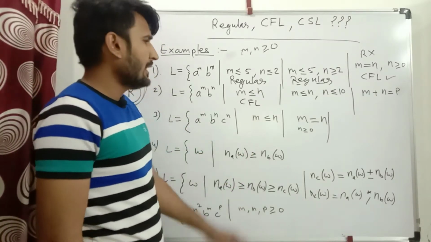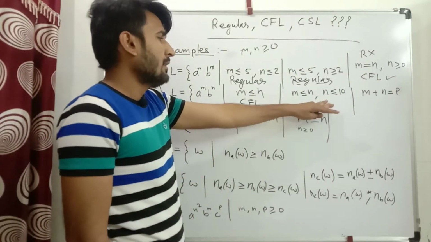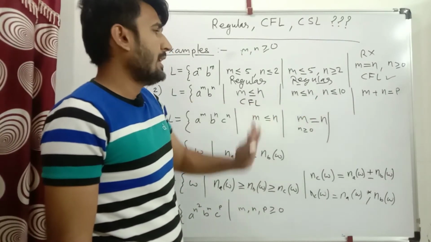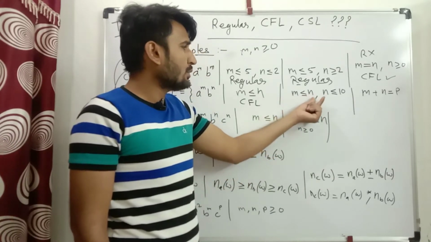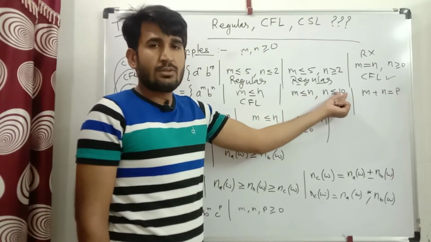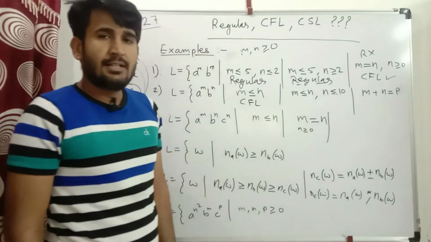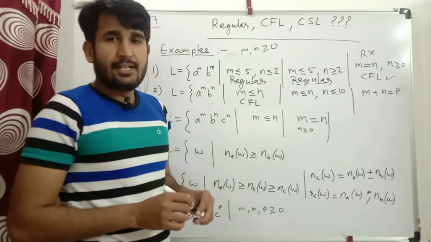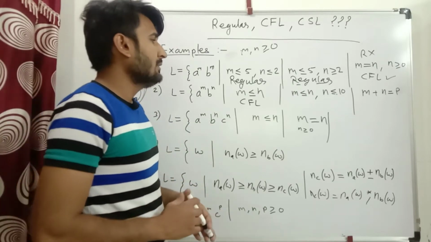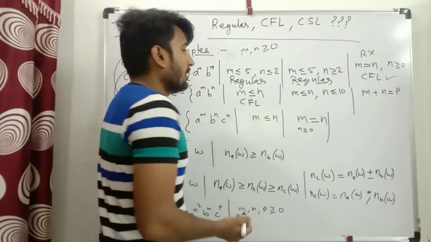Please listen carefully and see what type of language this is. If m is less than or equal to n and n is less than or equal to 10, tell me. I hope you have already found the answer in your mind, so compare it with my answer.